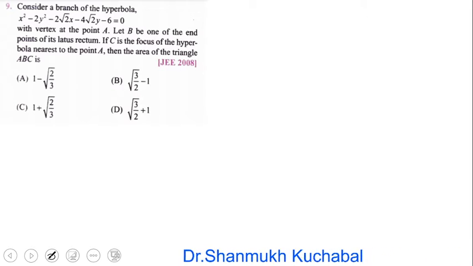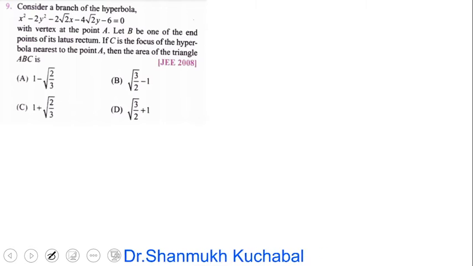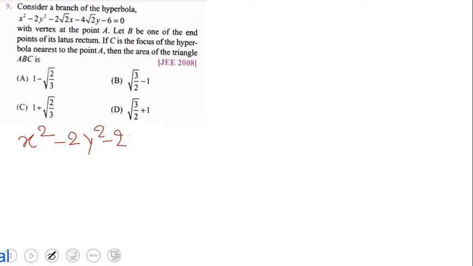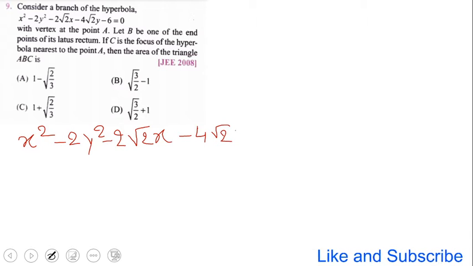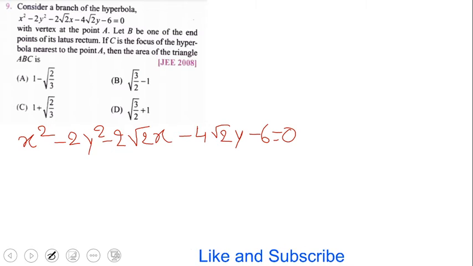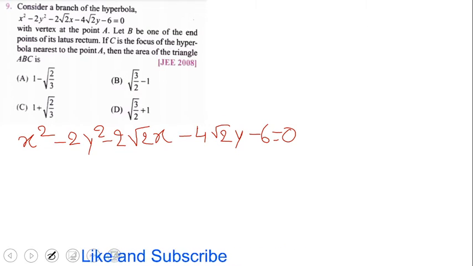First we'll take the equation. So the equation is x square minus 2y square plus 2 root 2x minus 4 root 2y minus 6 equal to 0. So I am going to use the completing the square technique here.